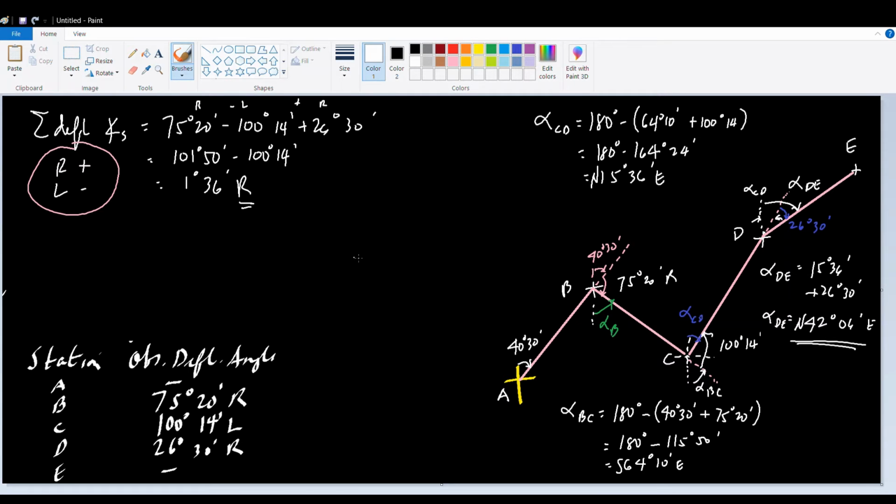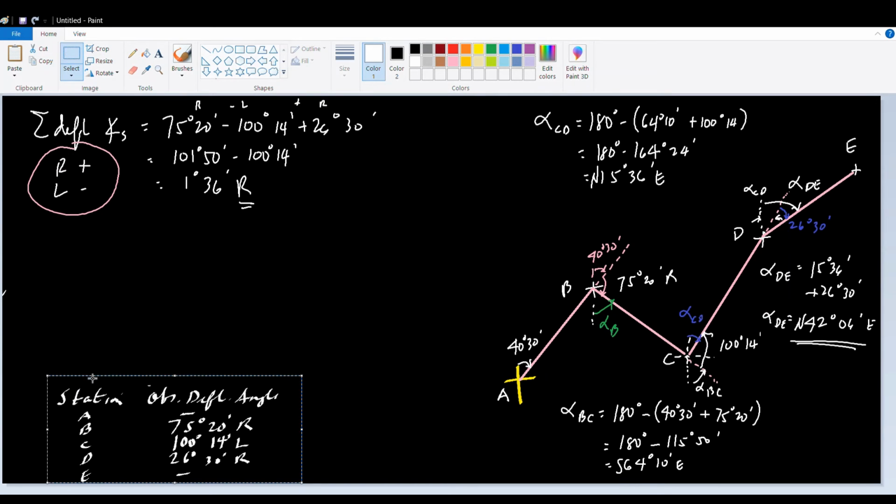Okay. So let me draw line AB. Our AB is north 40°30' east.